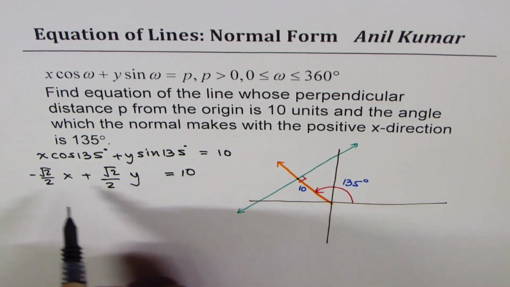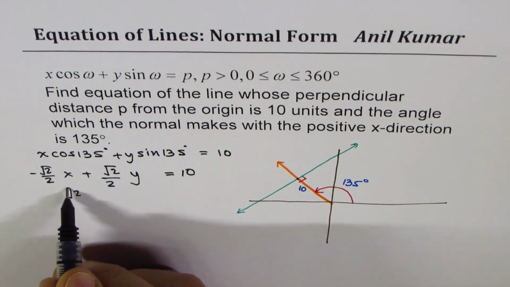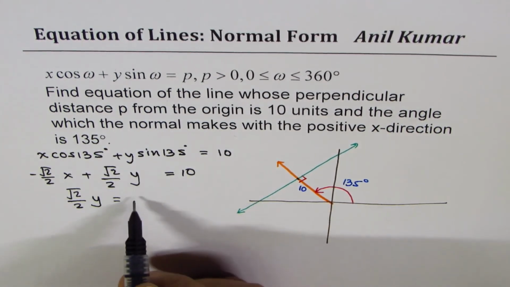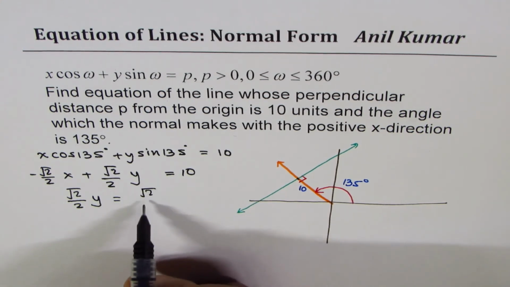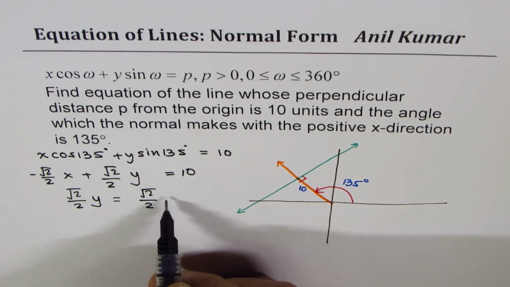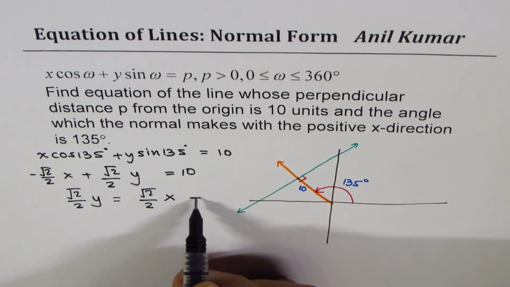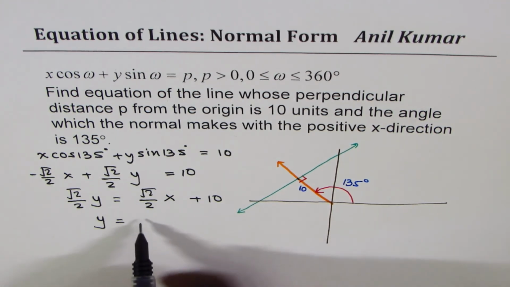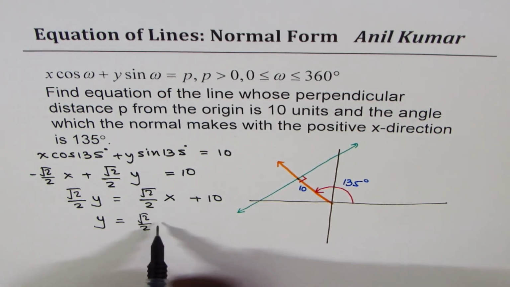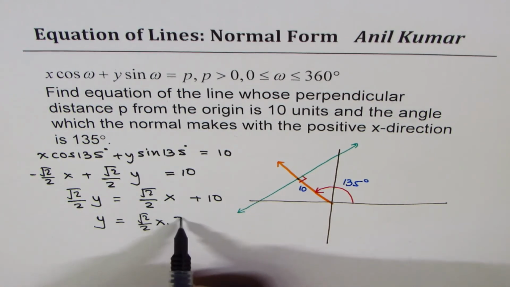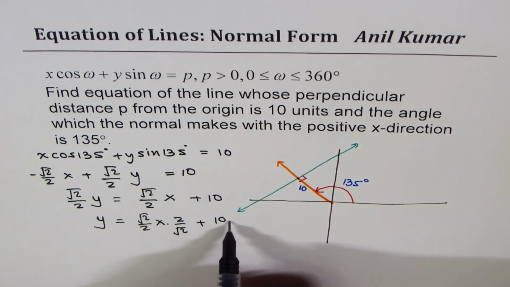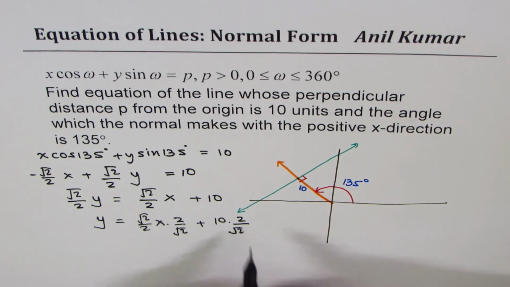For slope finding, rearrange this in y equals to mx plus b form. So bringing it to the right gives us square root 2 over 2 y equals to square root 2 over 2 x plus 10. So y is equal to square root 2 over 2 x times 2 over square root 2, dividing by this, plus 10 times 2 over square root 2, right?